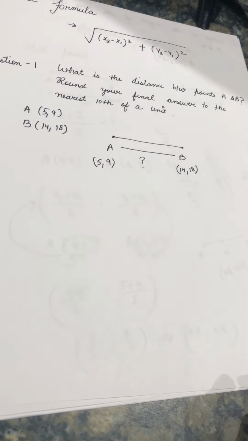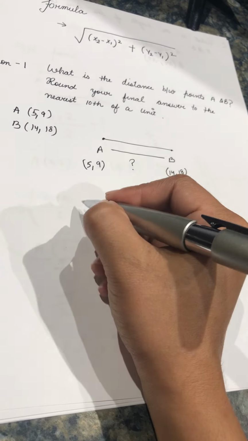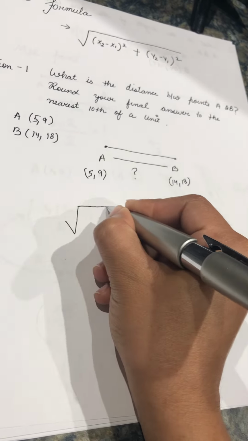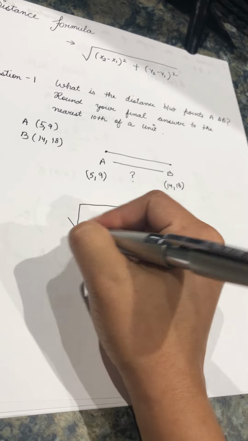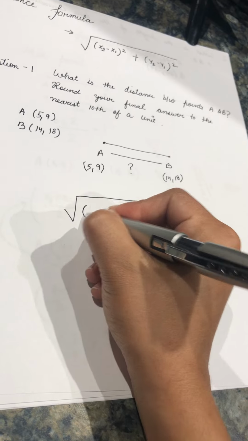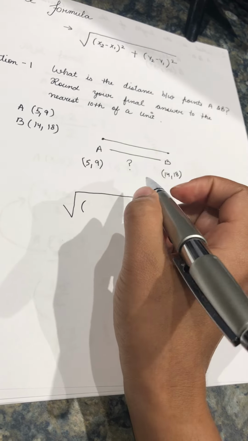So very simple thing. Take the whole square. This is the square root of x2 minus x1 whole square.